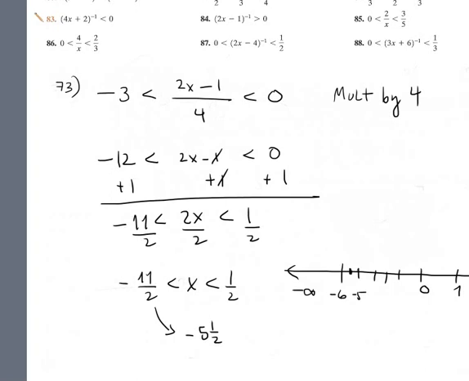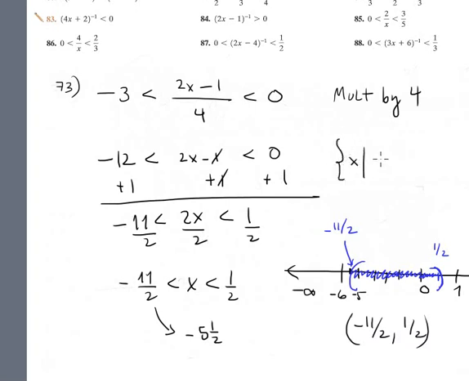Between this guy, negative 11 over 2, and this, 1/2, is the interval. No endpoints included. This is parenthesis and parenthesis. Now the interval notation is parenthesis negative 11 over 2 comma 1/2, and the set notation is just x such that x is between negative 11 over 2 and 1/2.